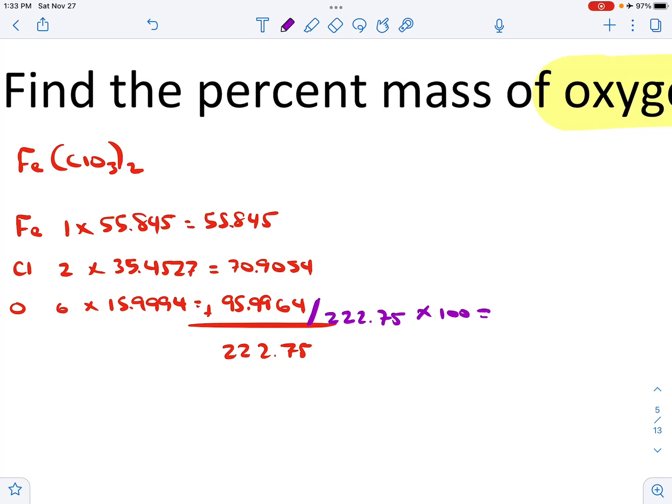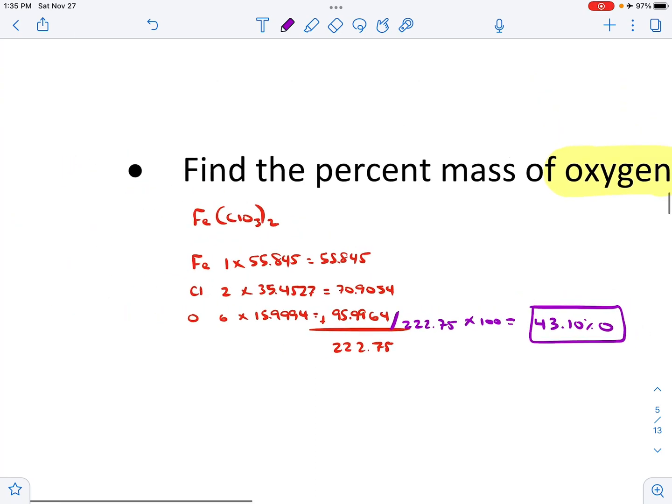And that should be 43.10% when we round it to 2. So 43% is oxygen, which makes sense because 95 is almost half of 222. It's not quite there, but kind of close. All right, I hope that makes sense. See you next time.